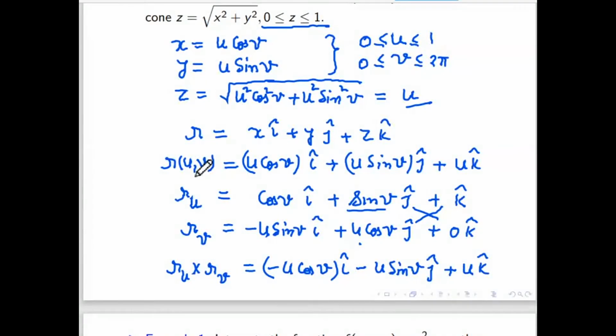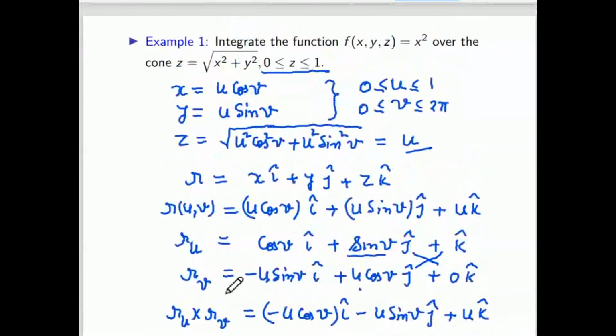Now I will use the formula of surface integration in order to integrate this function f. We need the norm also, so I will write the norm of ru cross rv.